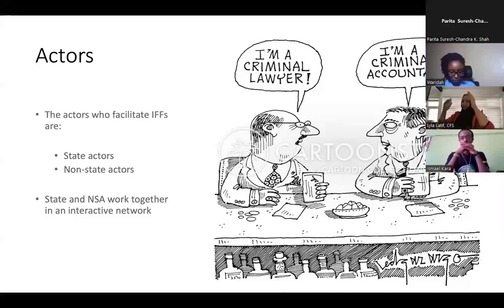If you're the manager of a bank, you have a duty to report suspect transactions. If you choose not to report those suspected transactions, who's going to hold you liable, right? Because you have that oversight responsibility and you are abusing it. So that's where you have private bankers as professionals who are facilitating illicit financial flows.